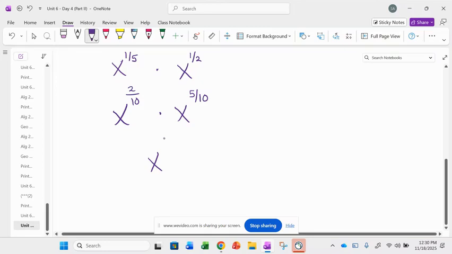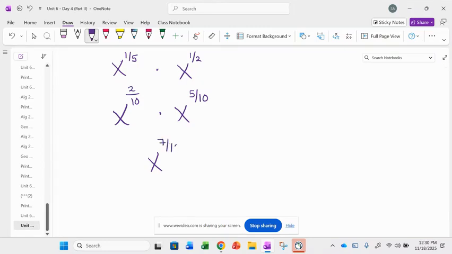Yep, we're going to have x to the 7/10 power. Can I reduce 7 over 10? No. So now we're going to write it as a radical. So it's going to be the 10th root of x to the 7th power. If at this point I could simplify the radical, would I have to? Yeah.